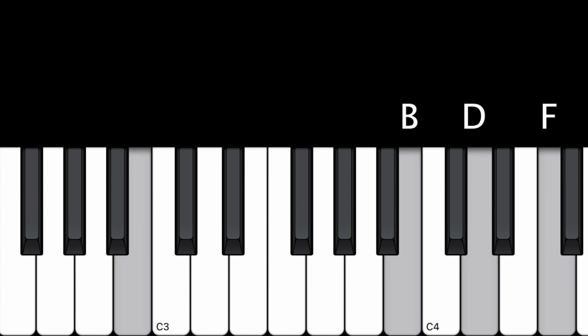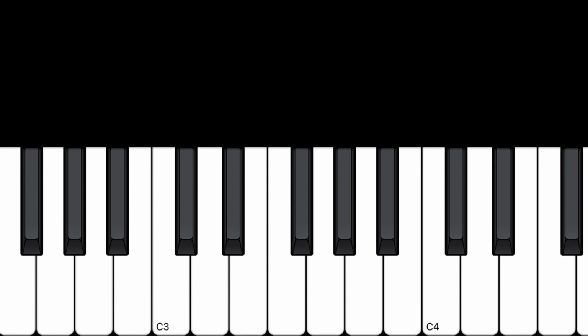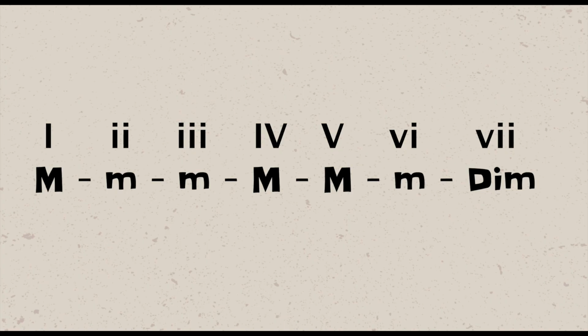That's a diminished, nasty sounding chord, okay? It's not a terrible chord and it shouldn't be avoided at all costs, but it needs to be used correctly, okay? So that final chord is called a diminished chord, okay? It has a flat third and a flat fifth. So our whole pattern is major, minor, minor, major, major, minor, diminished, okay? Major, minor, minor, major, major, minor, diminished.